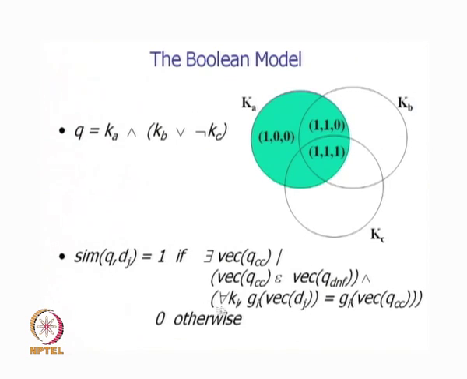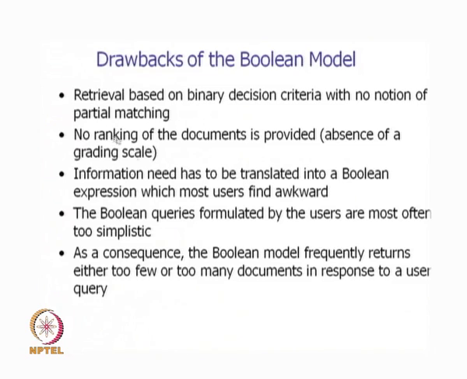So, this particular term essentially means that the components of the conjunctive component of the query vector should each match the components of the document vector. That means, whatever is present in the query should be present in the document, whatever is absent in the query should also be absent in the document. So, this is the essential meaning of the similarity between the query and the document. So, this is quite easy to compute.